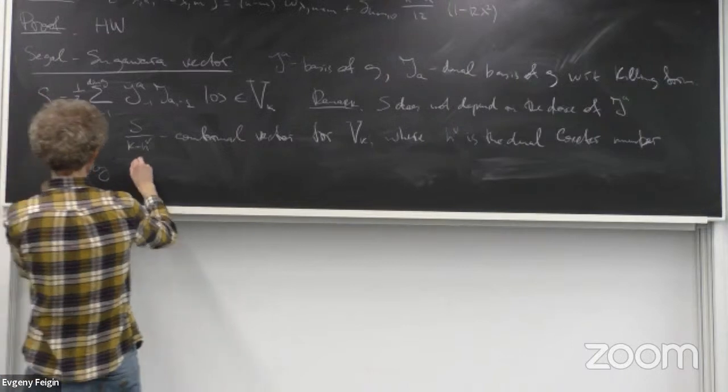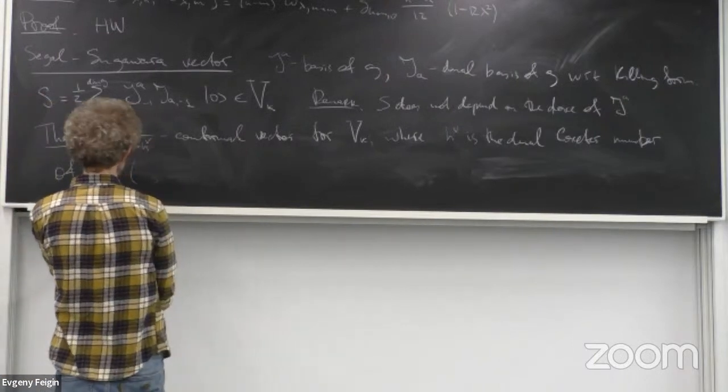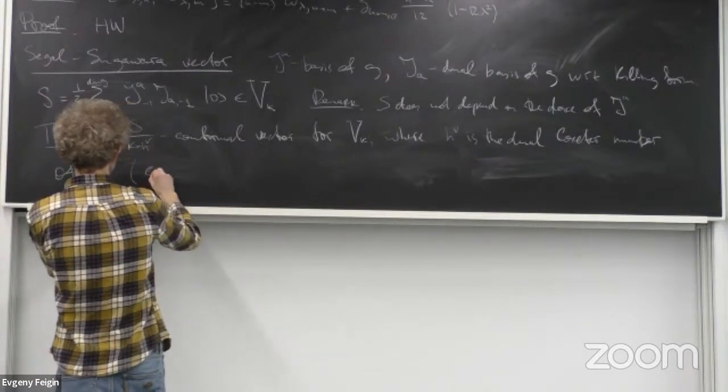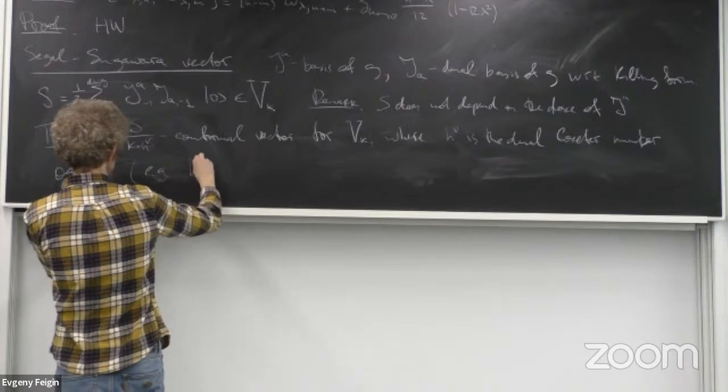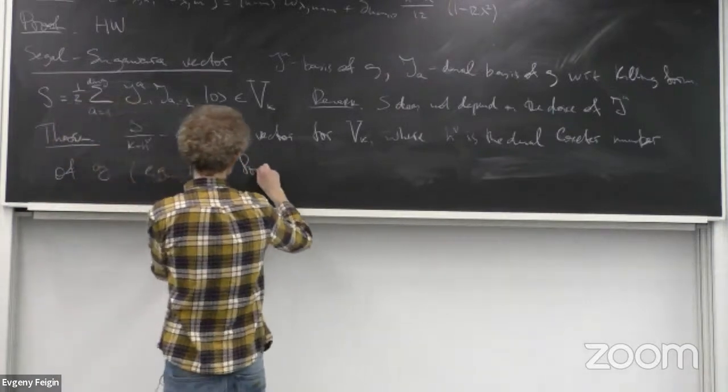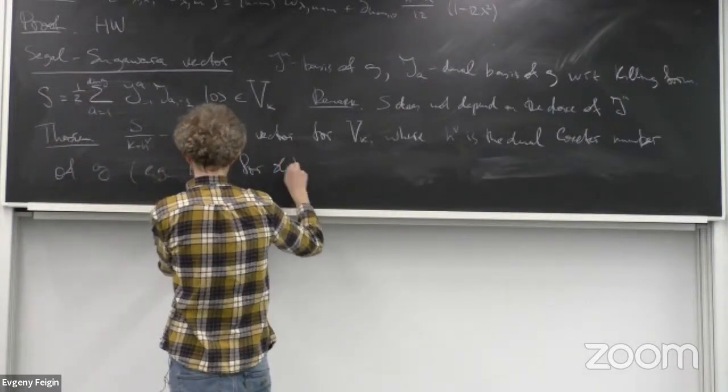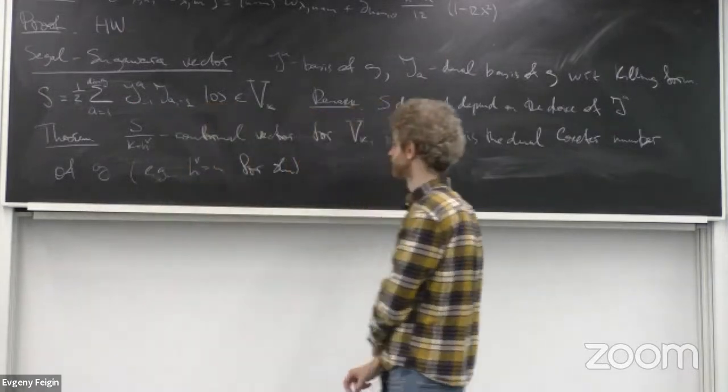For example, the dual Coxeter number is n for sl_n.